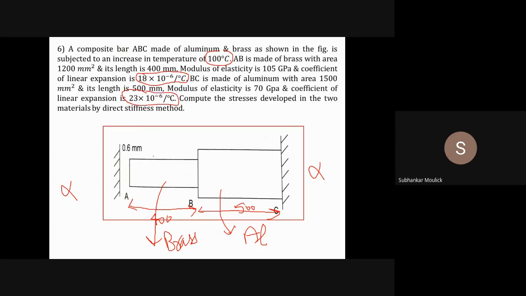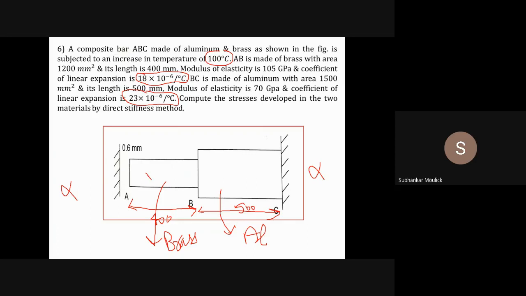Compute the stresses developed in the two materials by the direct stiffness method. That means whatever method we have been following for the past few classes, we have to follow that same method to get the value of stress developed in the two materials.